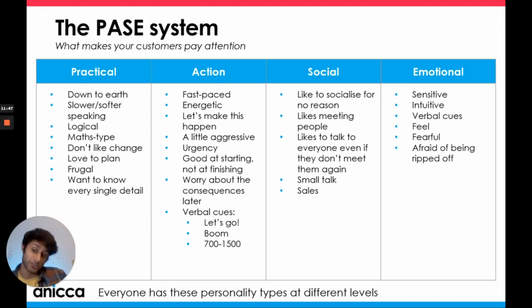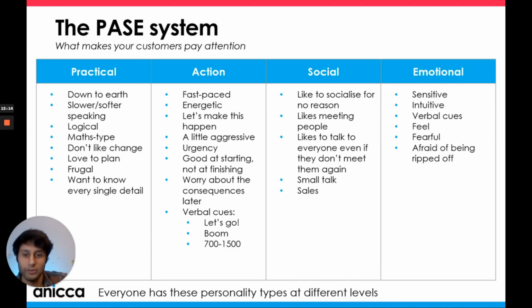If that price isn't justified, or isn't giving the value that price warrants, they won't make a purchase. But if they do find value at that price point, and the details match that value, they will make that purchase. So that's practical people.